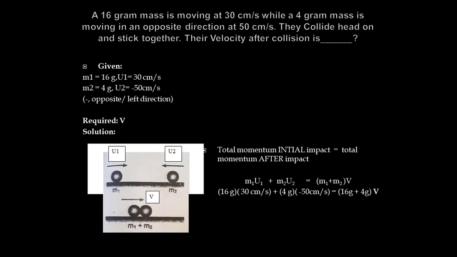To solve for the velocity after the impact, we plug in the values: M1 is 16 grams, U1 is 30 centimeters per second, plus M2 at 4 grams multiplied by its corresponding initial velocity of negative 50 centimeters per second, and then equate it to the sum of both masses multiplied by the unknown variable, which is the velocity after the impact.